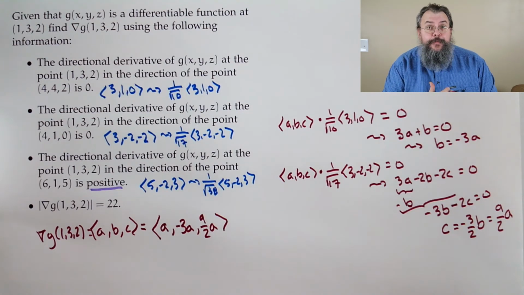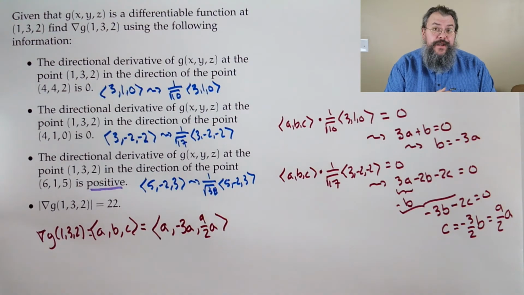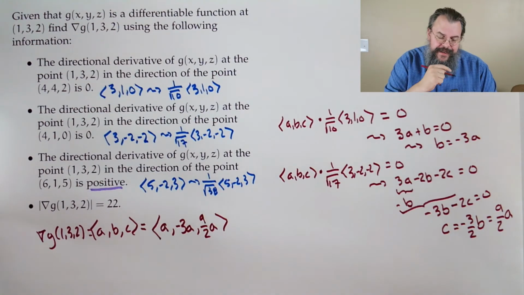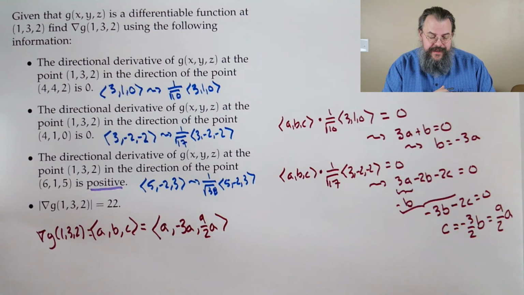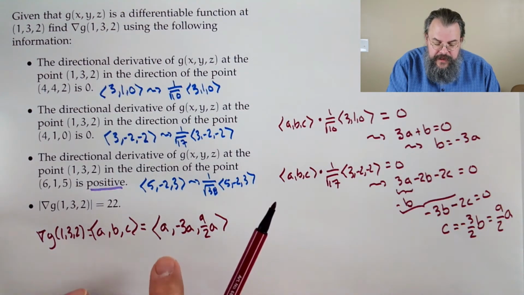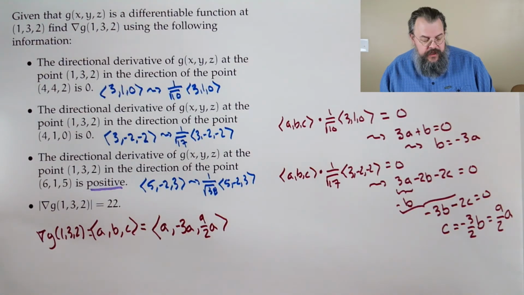Well, what haven't we done? Like I said, the positive is kind of hard to work with. We'll come back to that in a second. Let's go to the magnitude. All right, so given that this is our magnitude, what can we come to our conclusion about?